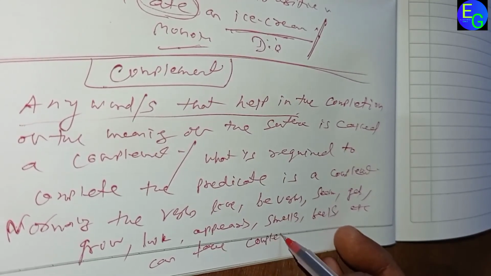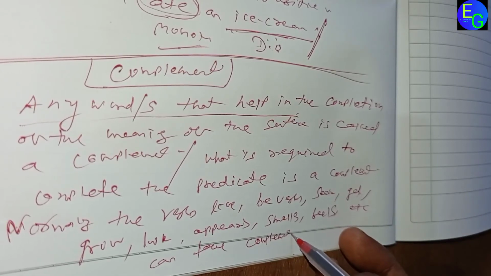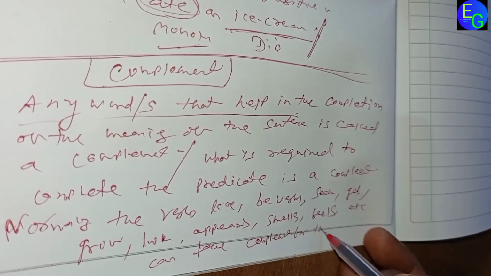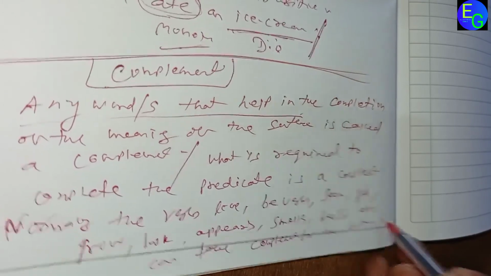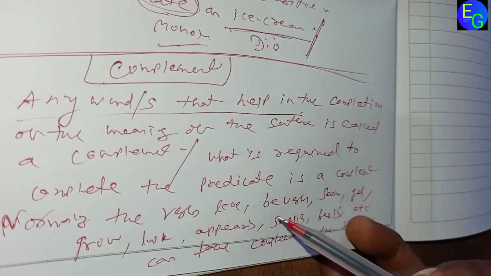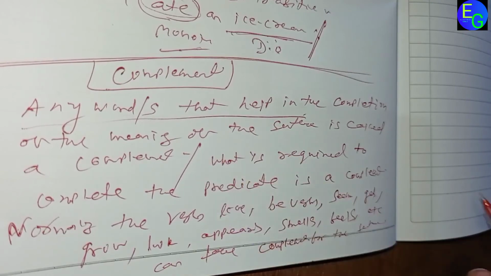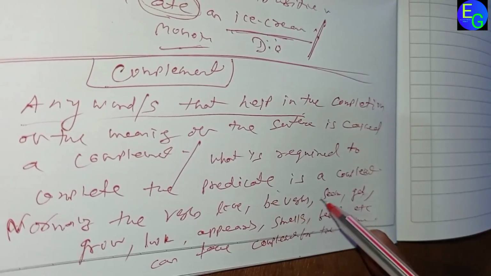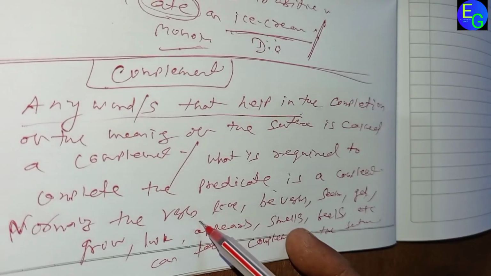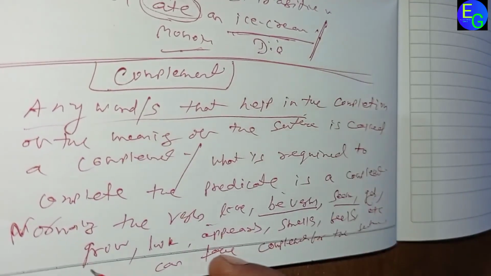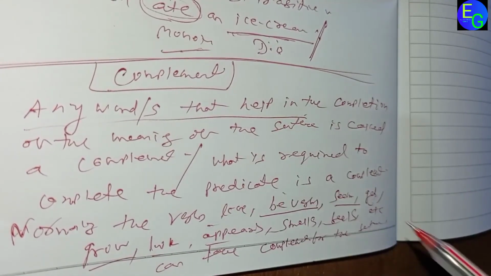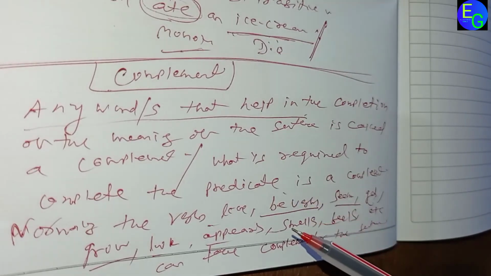Remember, a complement is needed for the sentence to be meaningful. A sentence without a complement, the verb cannot be meaningful. So after these verbs, you remember, there must be a complement, not objects.